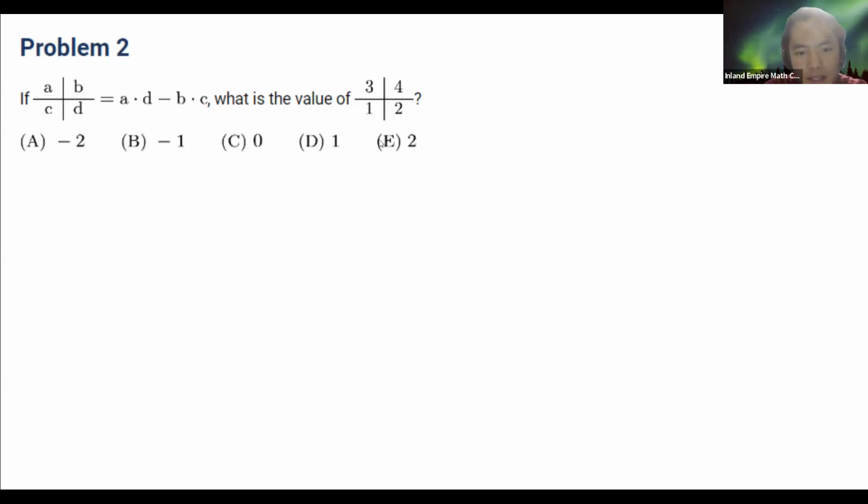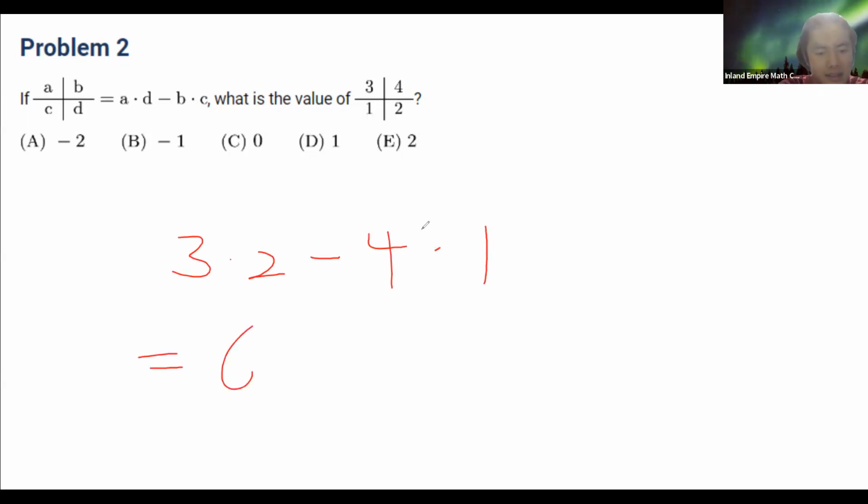So for this question, all we have to do is plug into the formula, right? So A times D minus B times C. So what is A in this question? Well, A is the top left number, so it's 3. What is D? Well, it's the bottom right number, so it's 2. Now, what is B? B is the top right number, so it's 4. And finally, C is 1.